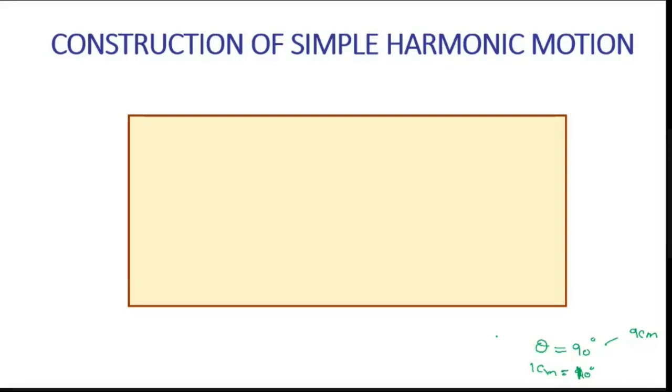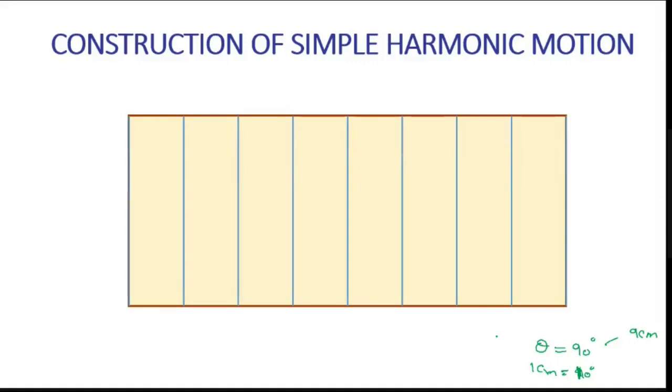Now what I can do is split this line into 8 equal parts. I have 9, divide that by 8. Whatever the value, you split it accordingly. Hope you know how to divide this into 8 equal parts; you would have already studied it in your engineering graphics.